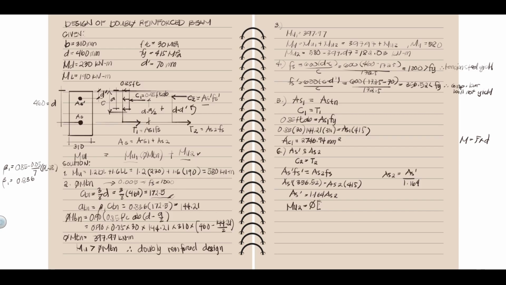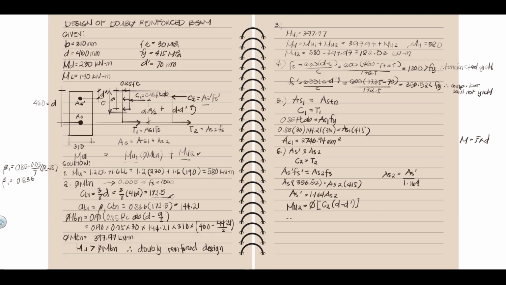So, lagyan natin yung reduction factor times yung nominal moment. So, what is the nominal moment here? Okay, that is C2 times the moment arm, D minus D prime.